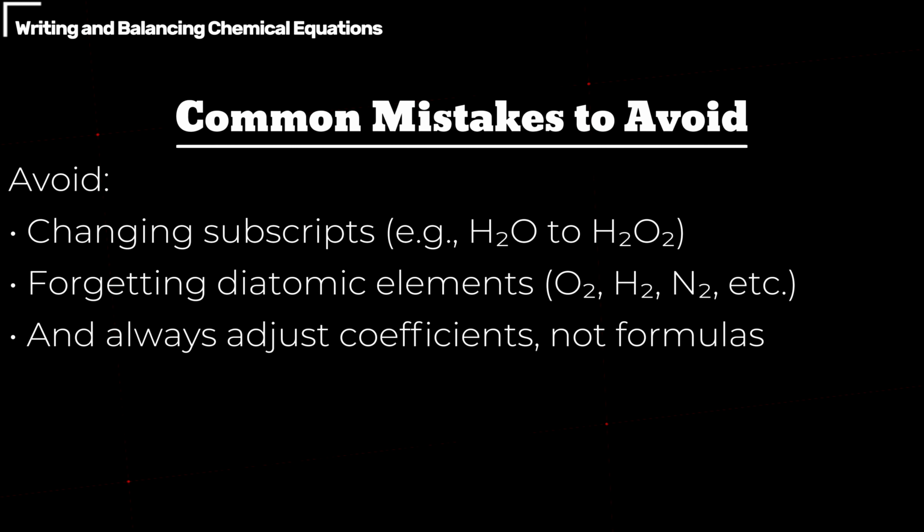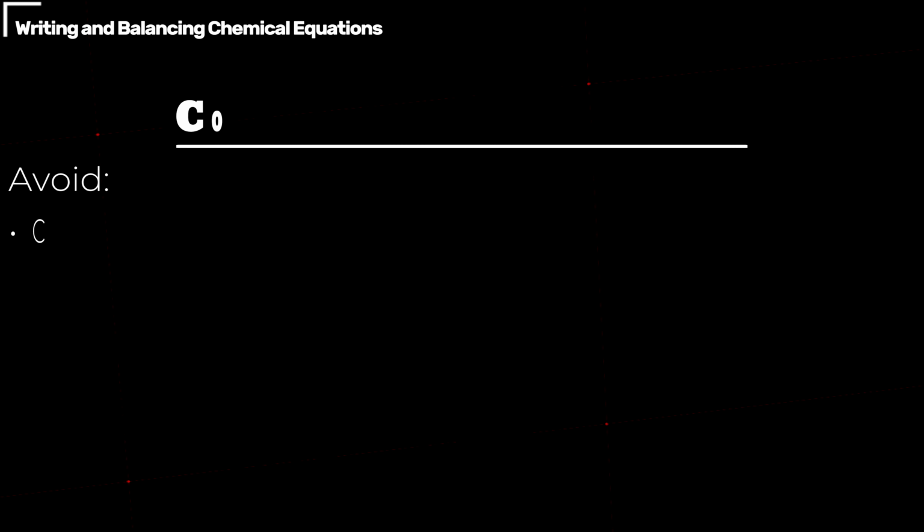You should also not forget there are diatomic elements like O2, H2, N2, Cl2. Those elements always occur in 2, so they are always written with a subscript 2. Then always adjust coefficients, not the formulas, the things you add in front in order to balance the equation.